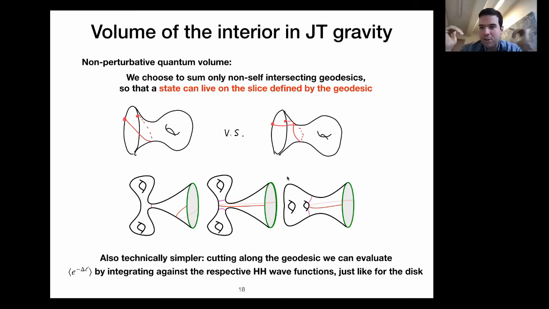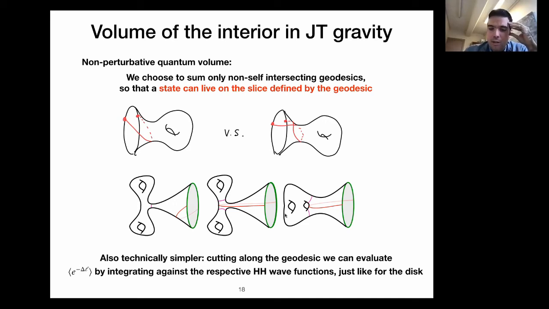That interpretation doesn't really work with an intersecting geodesic. So you want to have this as one contribution to how a Cauchy slice could look. That is the intuition of thinking about this as a state, but it's also something that we cannot really do, including these intersecting ones, presently. So we just gain a technical simplicity.